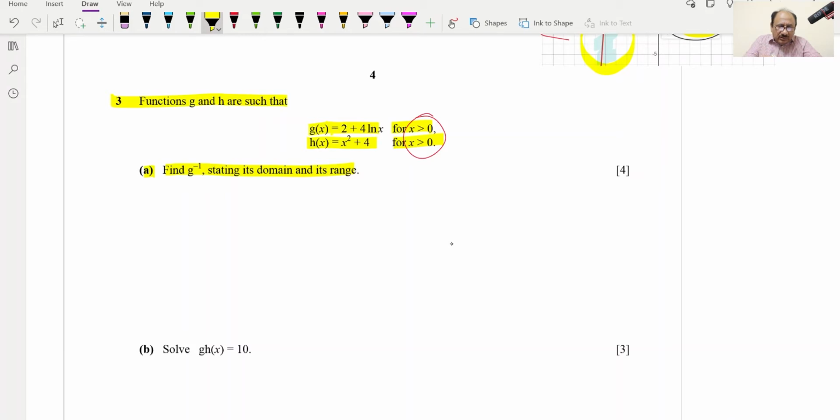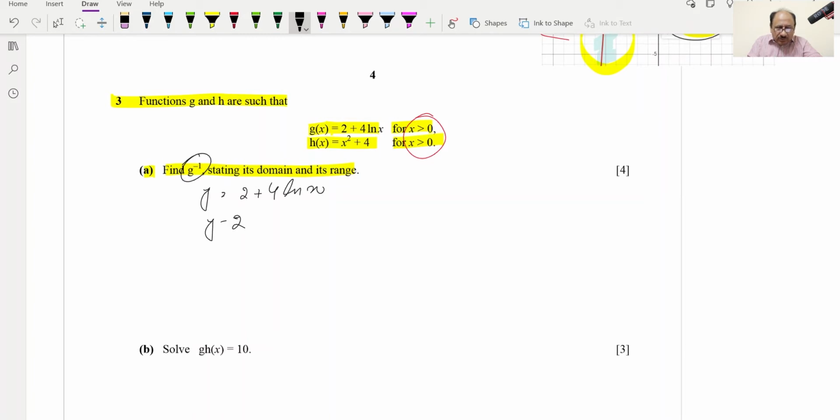So we can write y, basically g of x, we can write y is equal to, we need g inverse of x, so we'll take y is equal to 2 plus 4 log x, and we can shift 2 to this side, so we have to make x the subject.